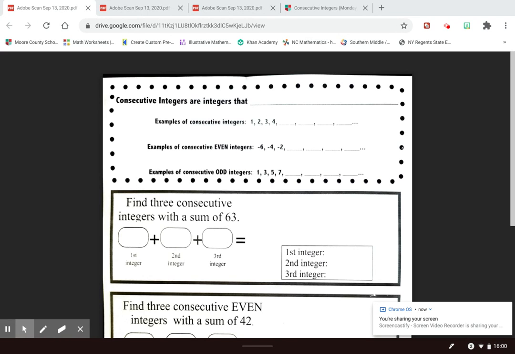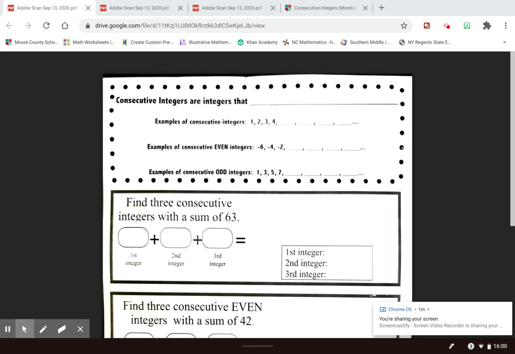All right, so let's get into today what we call consecutive integers, which are another way of using multi-step equations to solve a problem. Okay, so let's begin with a basic definition of consecutive integers. It would be best if you recreated these notes in your notebook so you have them with you, and you can follow along as I do this as well.